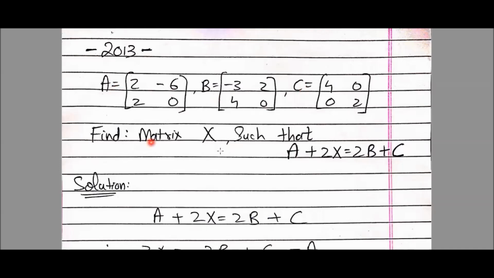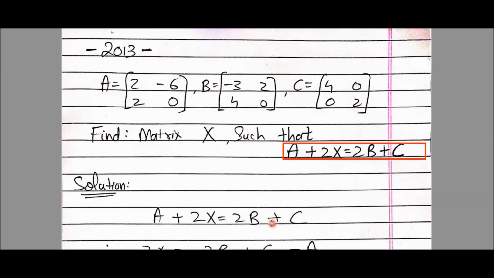Find matrix X. Okay, I need to find a new matrix X such that, and here comes the key step. They have told us "such that", which means it's the given part. What is the such that? That A plus 2X is equal to 2B plus C. This is the given part. Using this, we need to proceed further.